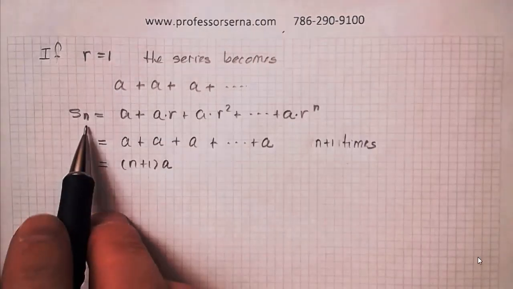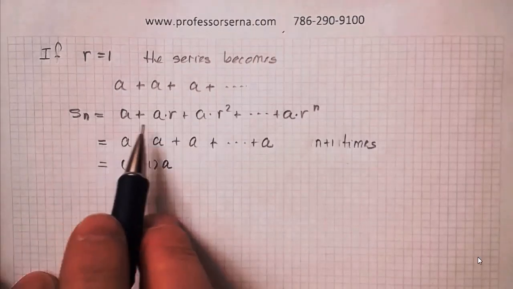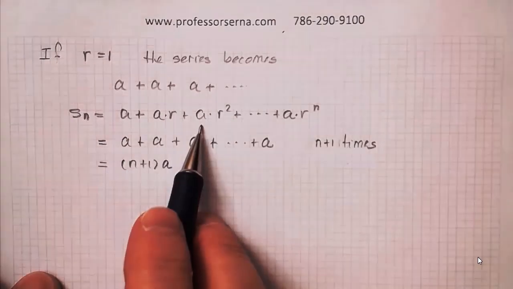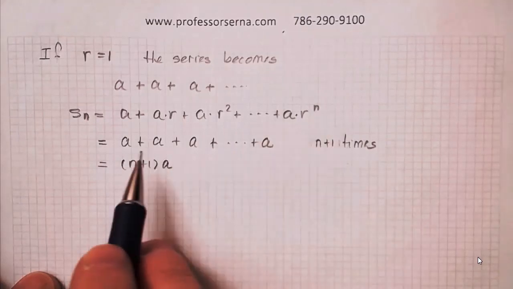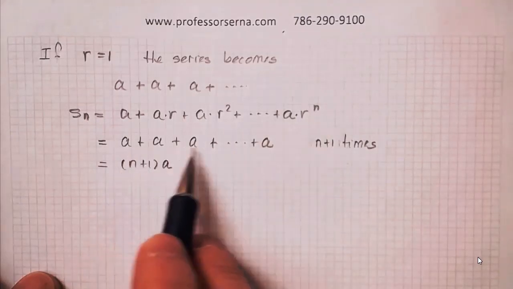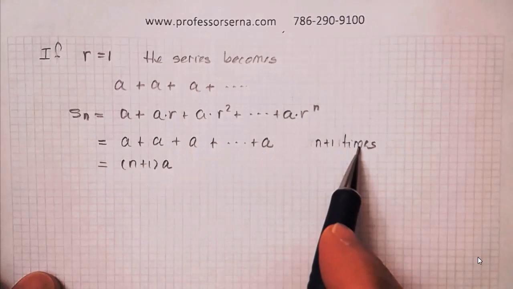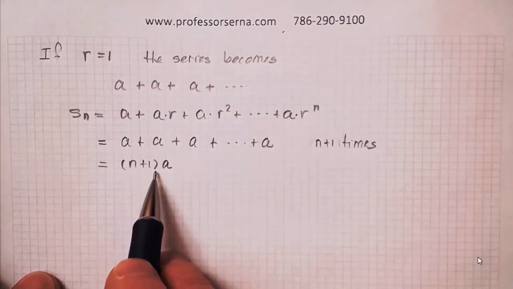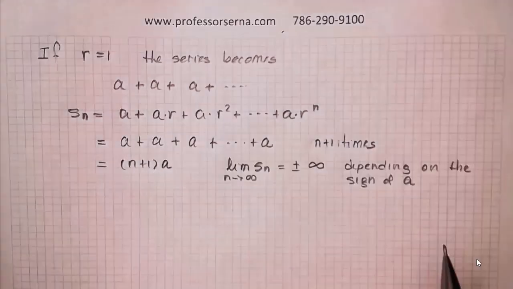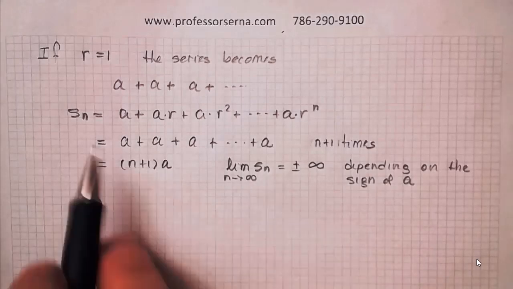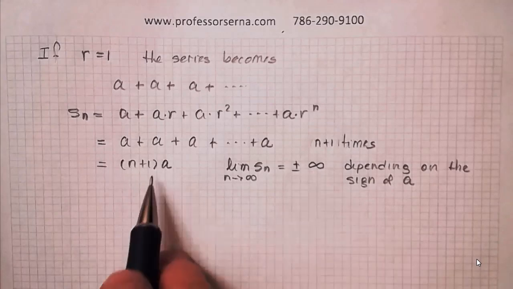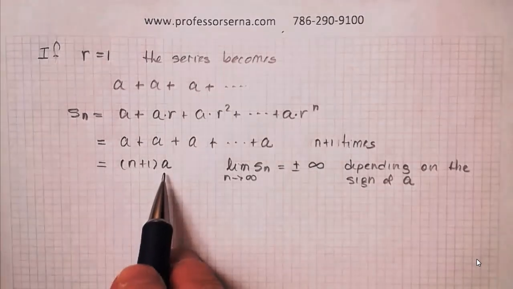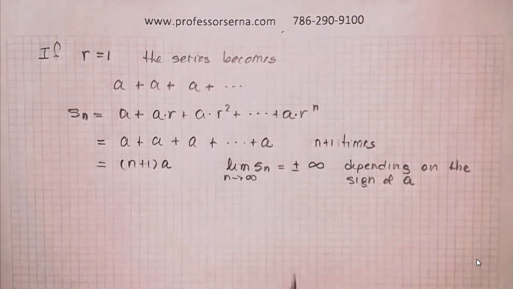And the nth partial sum, which is a plus a times r plus a times r squared up to a times r to the n, is now a plus a plus a plus a, n plus 1 times. In other words, n plus 1 times a. And therefore, the limit of S sub n will be plus or minus infinity depending on the sign of a. Therefore, the series diverges.